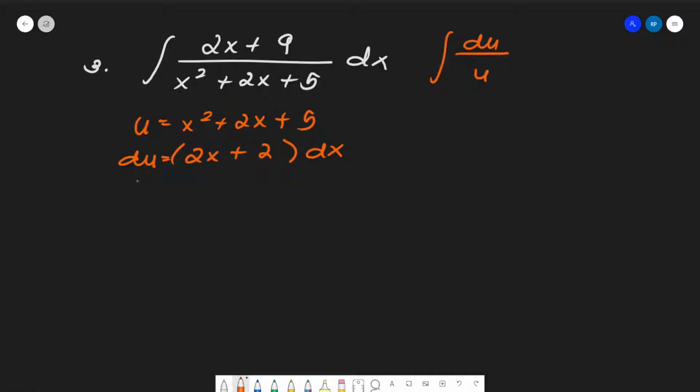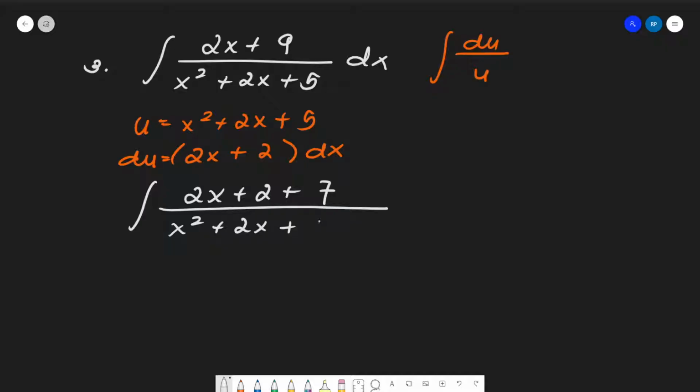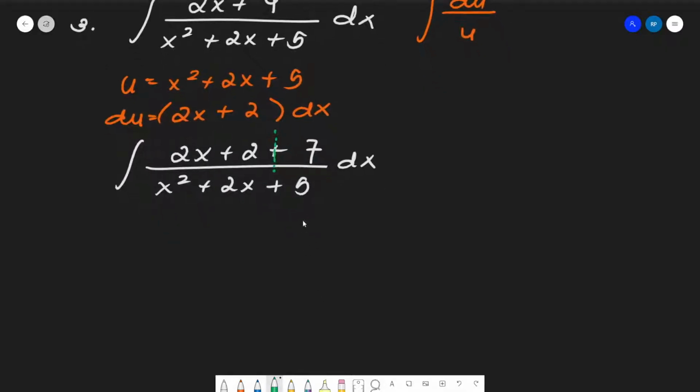So we will break it up. We have 2x plus 2 plus 7, which is 9, over x squared plus 2x plus 5 dx. We break it here because we do not need the 7. We only need the 2x plus 2 to get the du over u form.